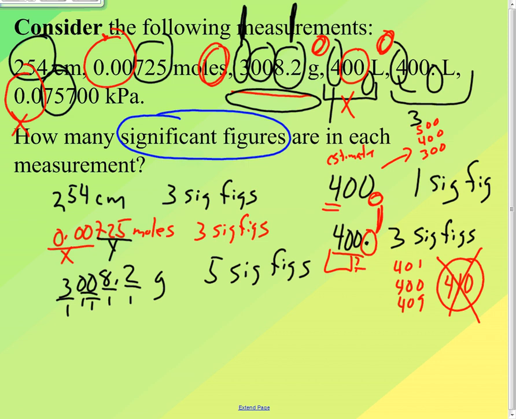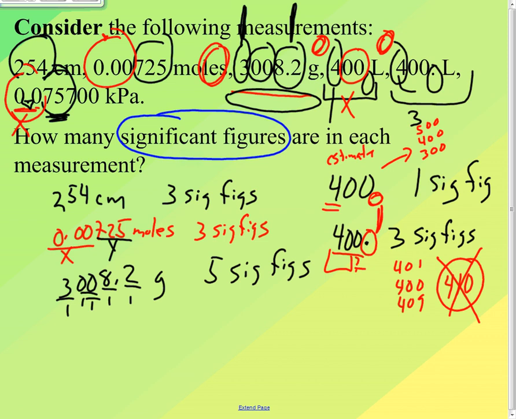Okay, the last one here. We still have what? No, I think we can answer this, right? We have zeros at the beginning of a number. They are not significant. We have non-zeros. They are significant. I have a decimal point right here.